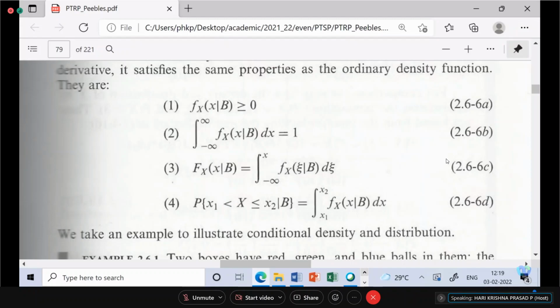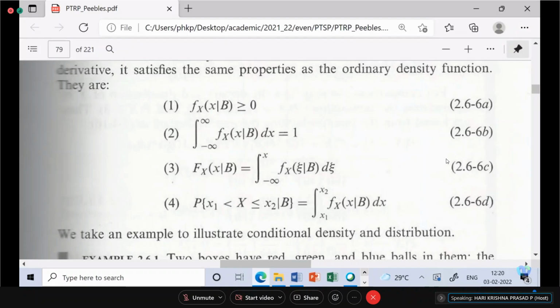Is there any limit on the maximum value taken by the conditional density function? There is no limit. Can the density function take negative value? From property 1, it is clear that it can never take negative value. In the case of distribution function, the distribution function can never decrease. Hence, the derivative of this can never be negative.